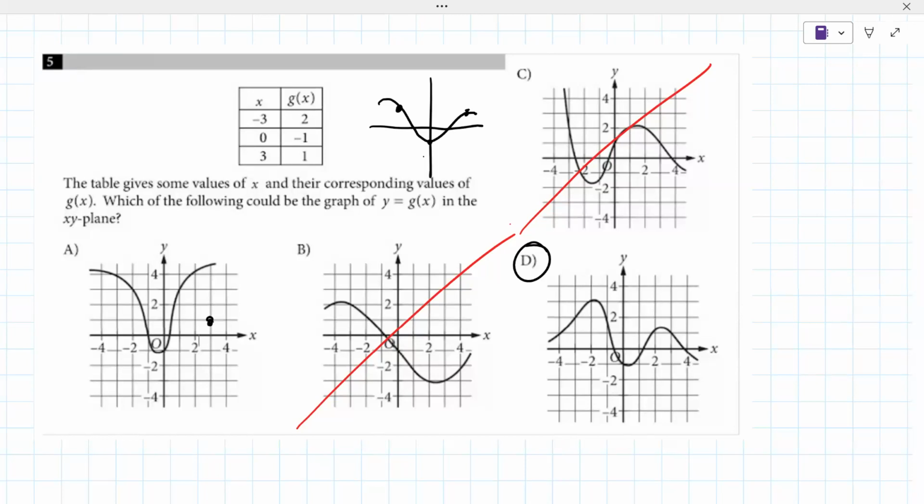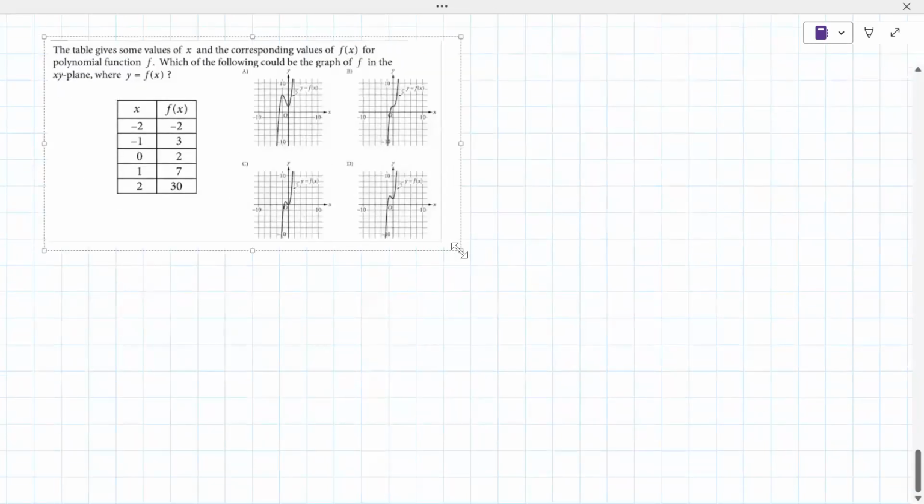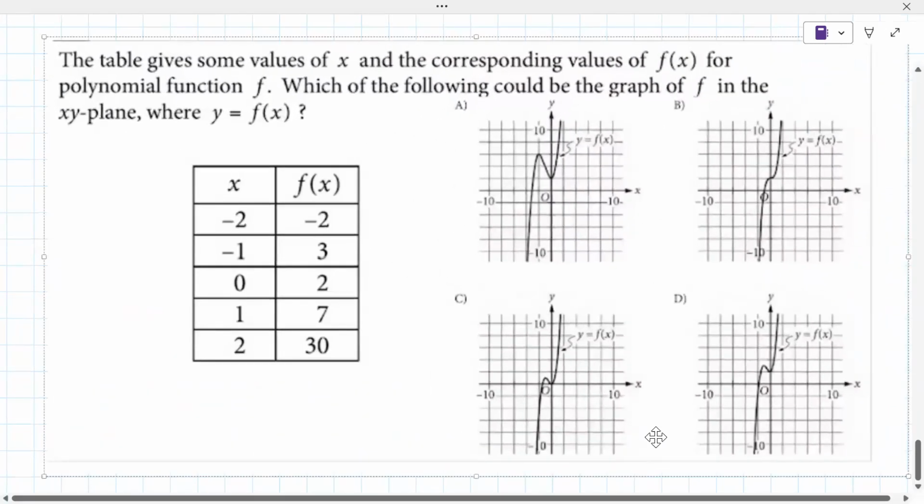Okay, I really apologize for the size of some of these graphs. They're just not that large. I know there's a zoom feature on the Zoom. If those aren't visible, let me know. No, that's good.